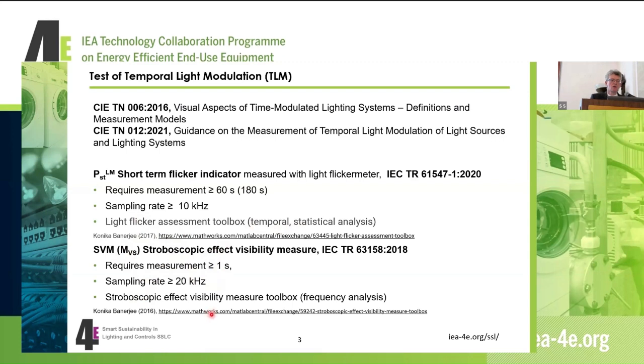And for calculations for doing the frequency analysis, there's also a toolbox available. The uncertainties with this toolbox I'll cover a bit in the last part of my talk today.